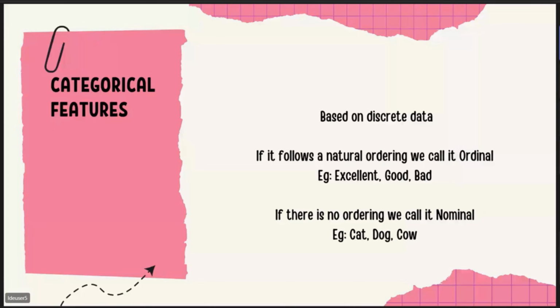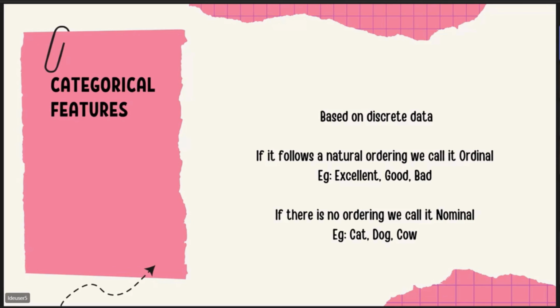For example, when I list choices as options, number one is excellent, number two good, then bad. In ordinal, after excellent comes good, and after good comes bad.